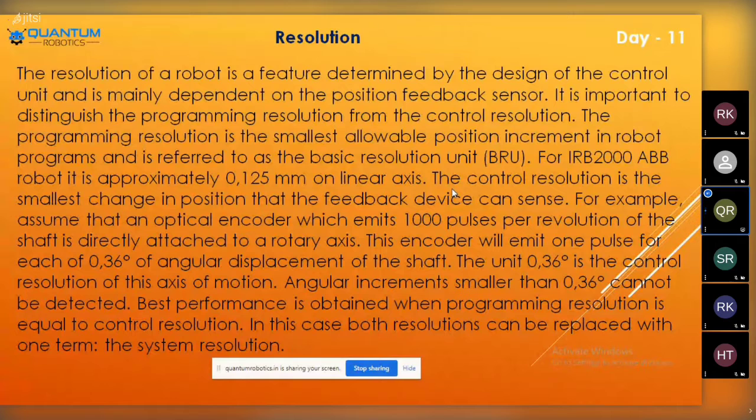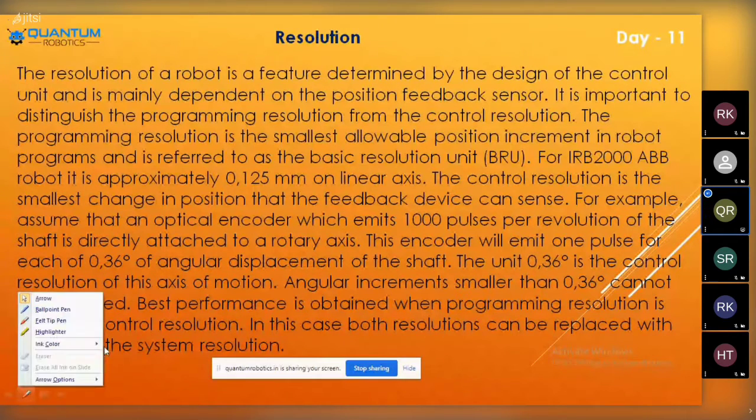The resolution of a robot is a feature determined by the design of the control unit and mainly depends on the position feedback sensor. Here you can see the position feedback sensor.